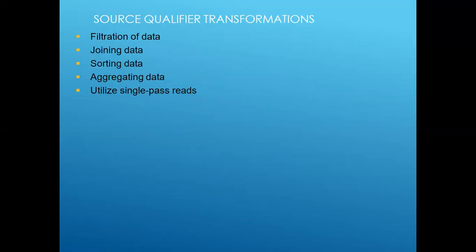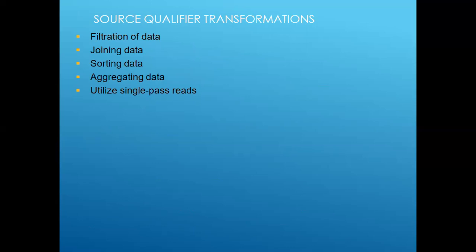Okay. Now, in the source, Source Qualifier is a very important transformation in Informatica, because if it is a homogeneous source, let's say in the same database, you can do a lot of activities in Source Qualifier, like filter the data, join the data, sort the data, aggregate the data, right?